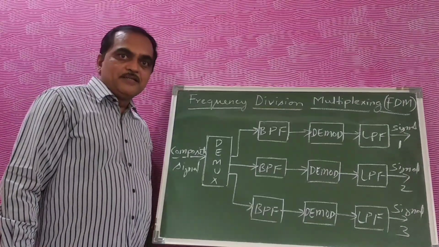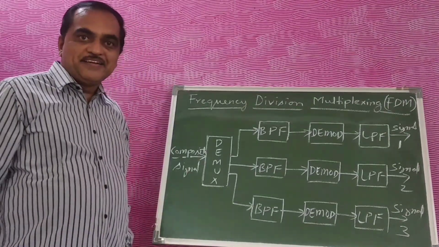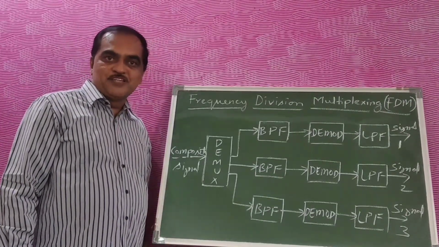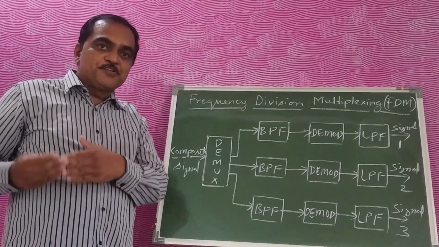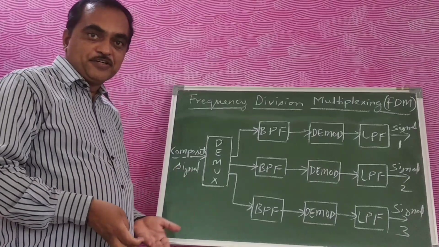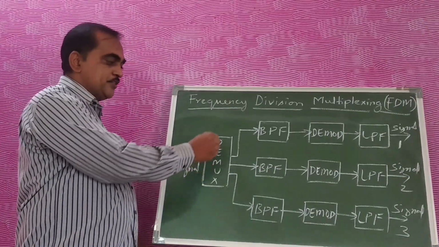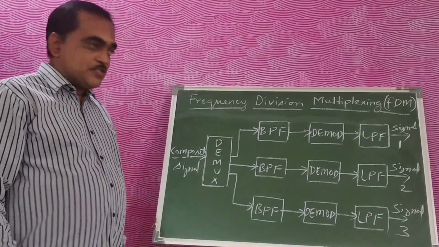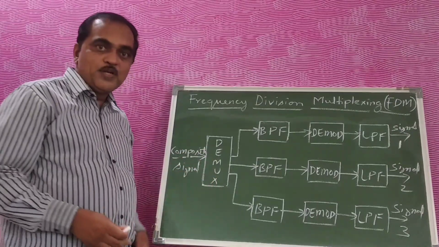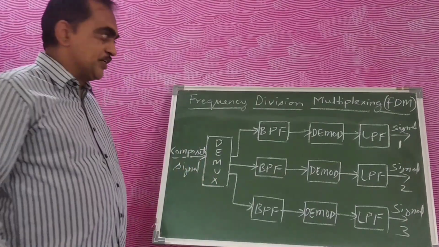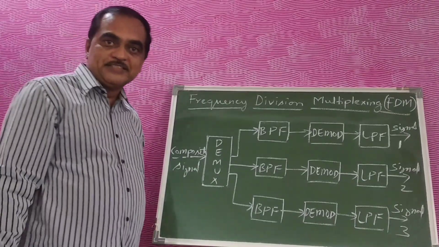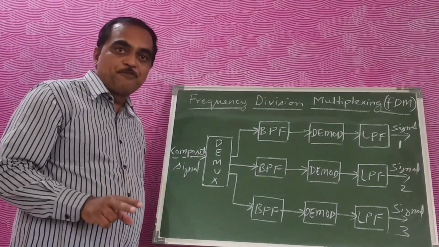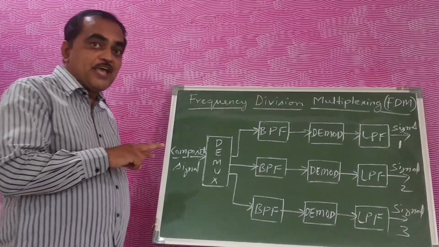Now, in the demultiplexing part, that is in the receiver of frequency division multiplexing, when the composite signal from the transmitter has reached the receiver, first it will meet the demultiplexer. The demultiplexer will separate those signals and they will be passed through the respective bandpass filters, which have cutoff frequencies based on the signal channel they have to pass.